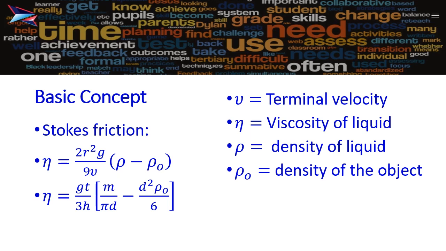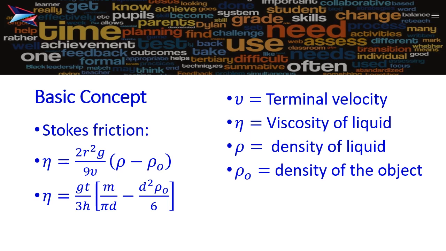In this situation, the friction force keeps increasing, and once it becomes equal, so that gravity equals the friction force going upward, there is no acceleration anymore on the motion.